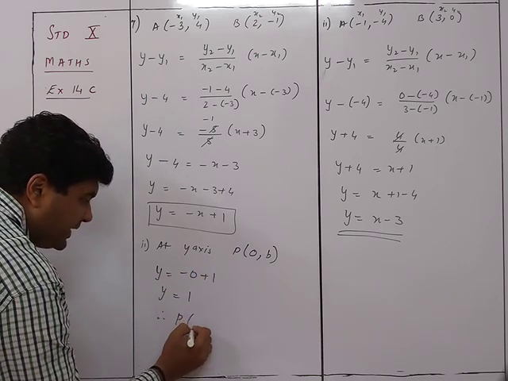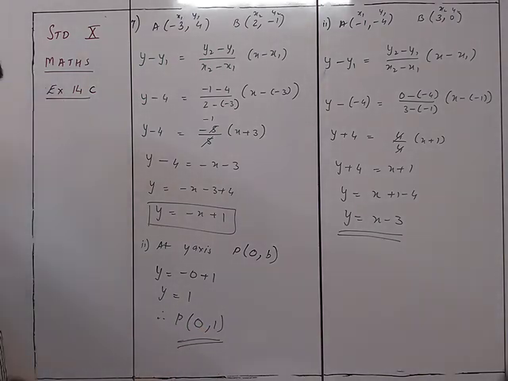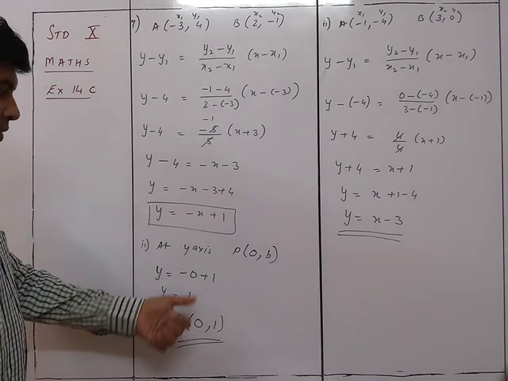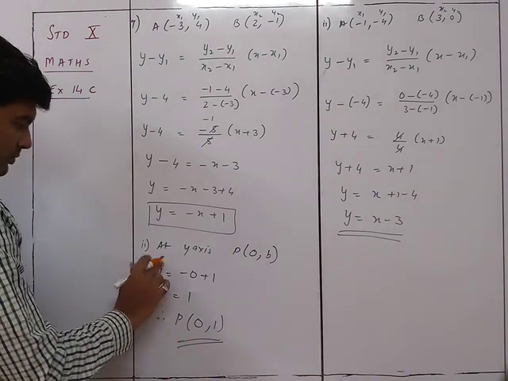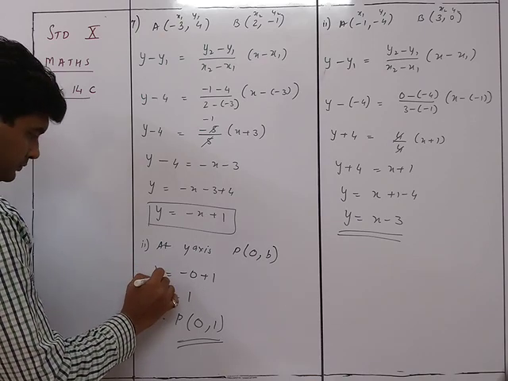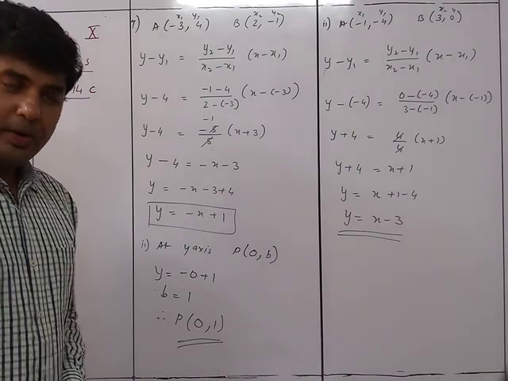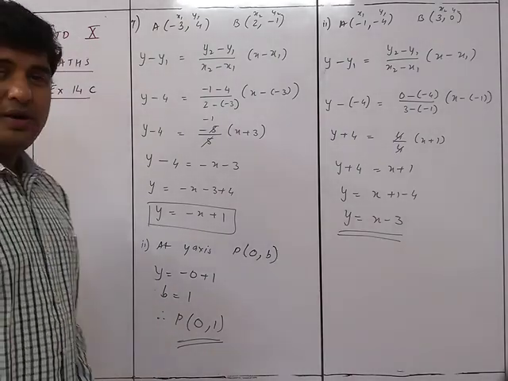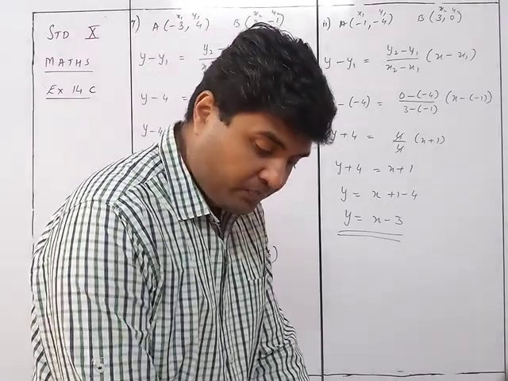Therefore, P is 0 comma 1. Understood? This is what we are going to get over here. So B is equals to 1, so P is equals to 0 comma 1, right? So at 0 comma 1, the line will be intersecting with the y-axis.